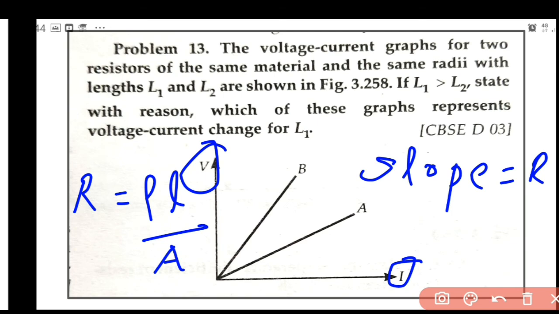So which graph stands for L1? Higher resistance will be for L1 because L1 is greater than L2. Higher resistance is for graph B, because B has more slope. So L1 is represented by graph B.